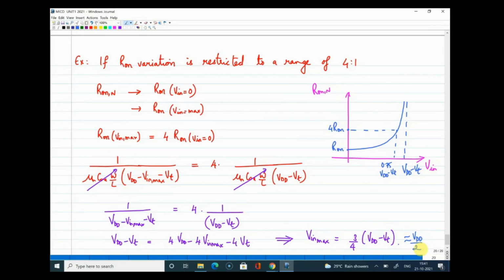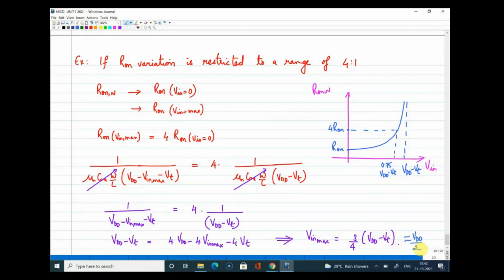whenever you have a supply voltage VDD, we will at least expect that your input voltage will go up to VDD or a value very close to that, right? So the maximum input voltage you can apply is only up to VDD by 2 in some technologies, while in others the maximum value is 3/4 of VDD minus Vt.